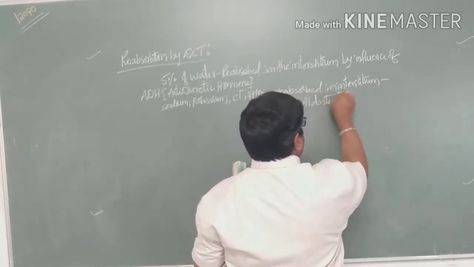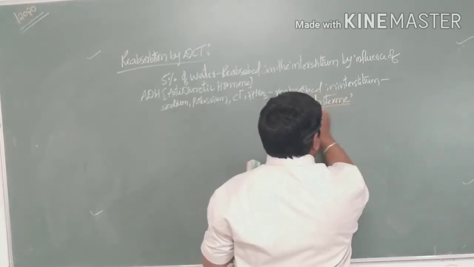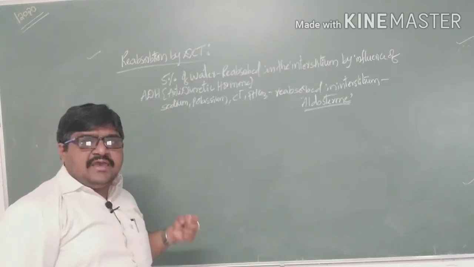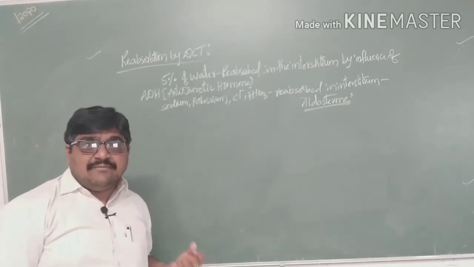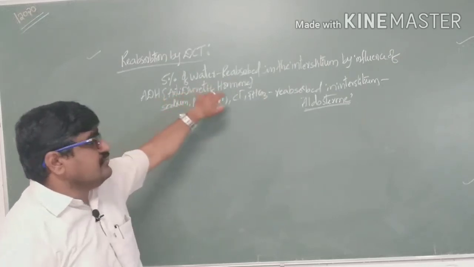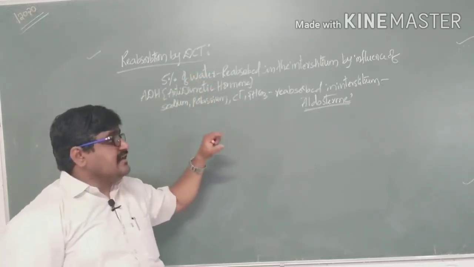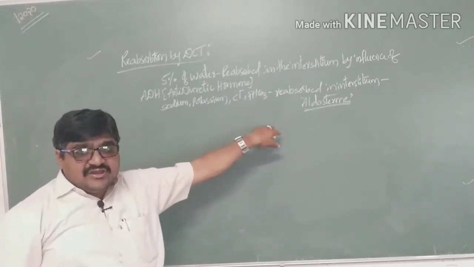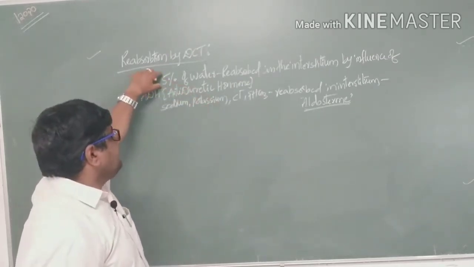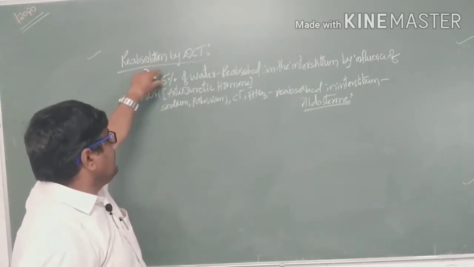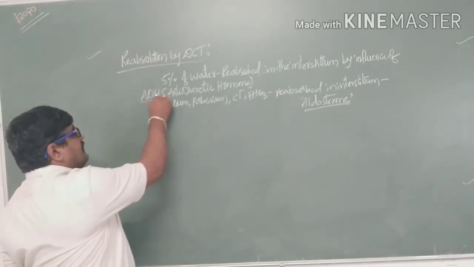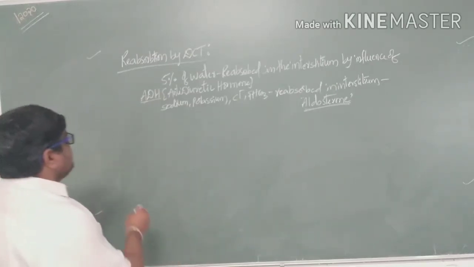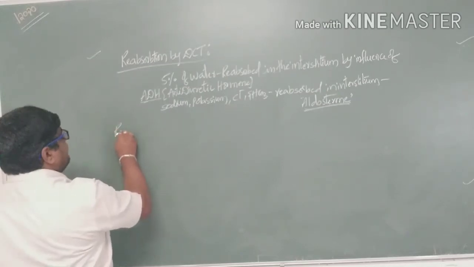So with the help of aldosterone, sodium, potassium, chlorides and bicarbonate ions are reabsorbed into the interstitium. Along with this, 5% water is reabsorbed into the interstitium with the help of ADH, that is antidiuretic hormone.